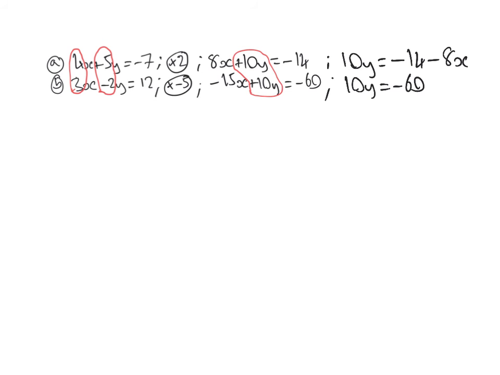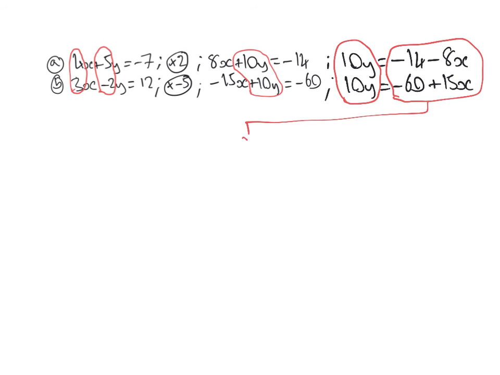We're going to move the negative 15x across, and that becomes positive 15x. As we did in the example before, the left-hand side is now exactly the same. If they're equal on the left-hand side, these have to be equal on the right-hand side. So we can now create our single equation: negative 14, take away 8x, equals negative 60 plus 15x.